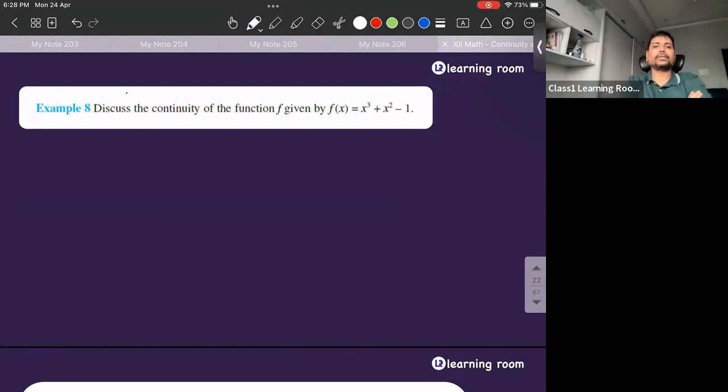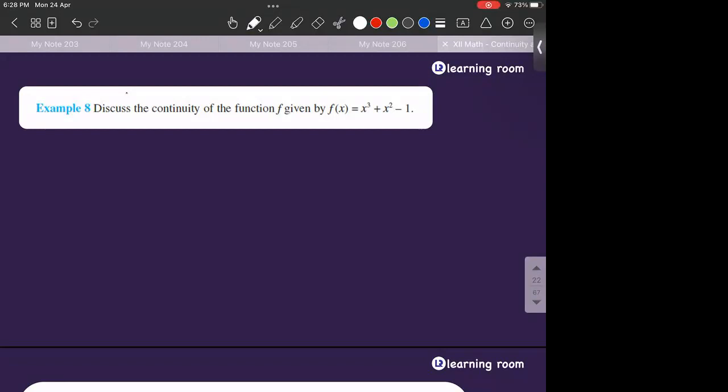So discuss the continuity of the function f of x is equal to x cube plus x square minus 1. Whenever they say continuity, first check for the domain. What is the domain of this function? It's a polynomial function. For a polynomial function, the domain is real numbers. Very good.